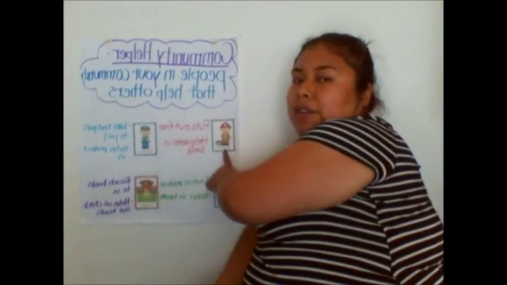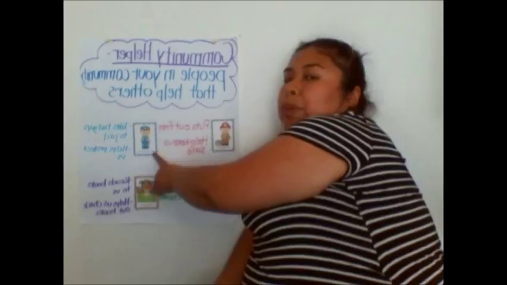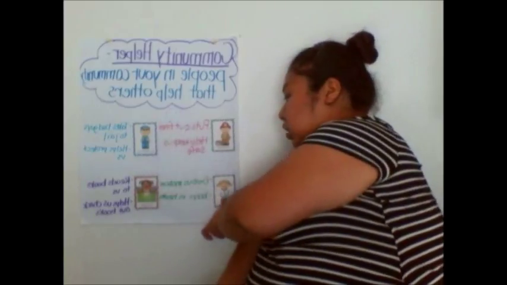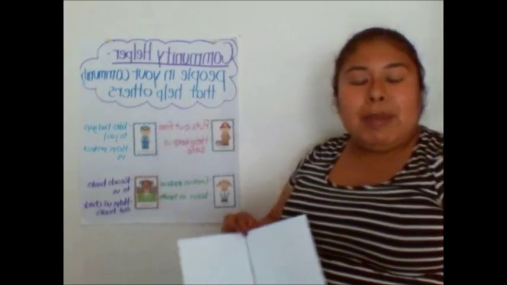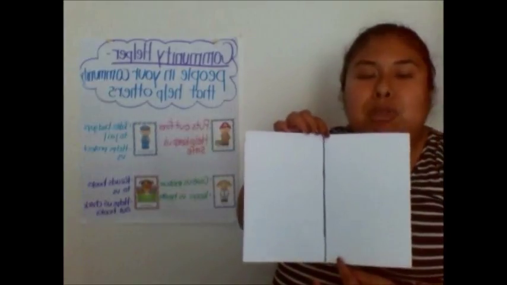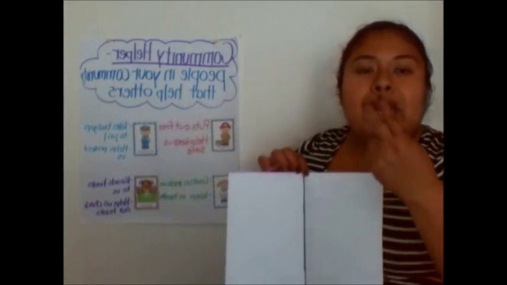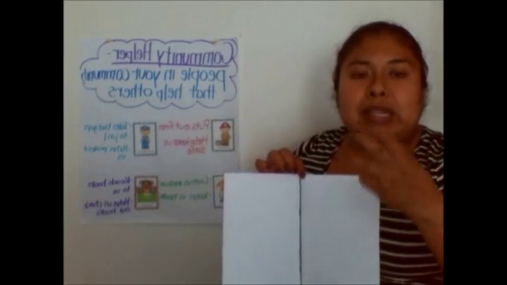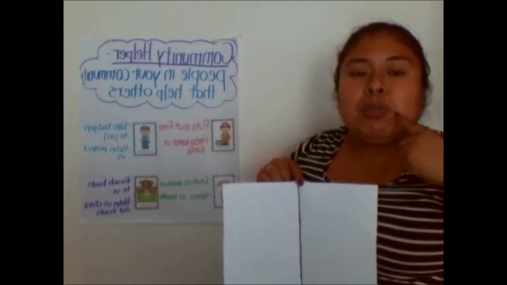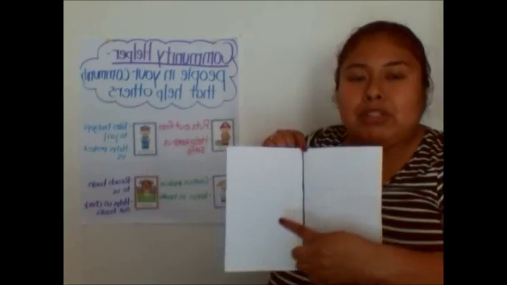Don't use a firefighter, a police officer, a doctor, or a librarian, because we just talked about them. Think about other community helpers that we see in our community, in our home, in our school. All three places. Talk to your group about it, and then draw a picture of it, okay?